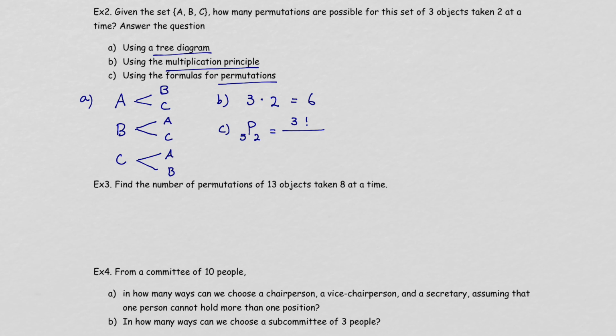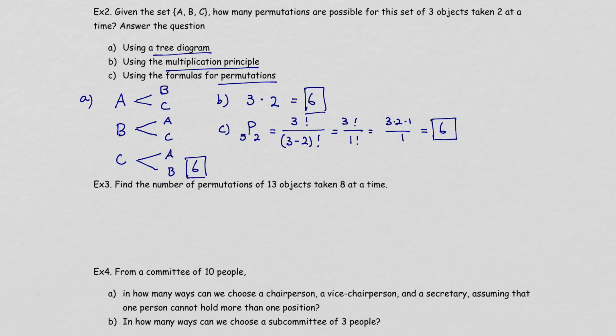N minus r is the total minus the choice that you're picking, so it will be 3 minus 2 factorial, which gives you 3 factorial over 1 factorial, which is just 1, right? So this gives you 3 times 2 times 1 over 1, which is going to be 6 choices. So either method, you will get all 6 options.